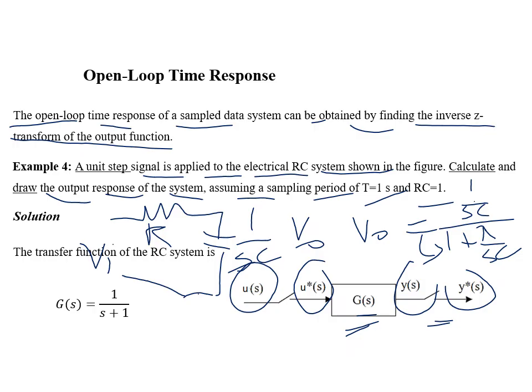We have SC plus R. And we have the term S equal to 1, or we have to make it all 1. Then we have G of S equals 1 divided by S plus 1.